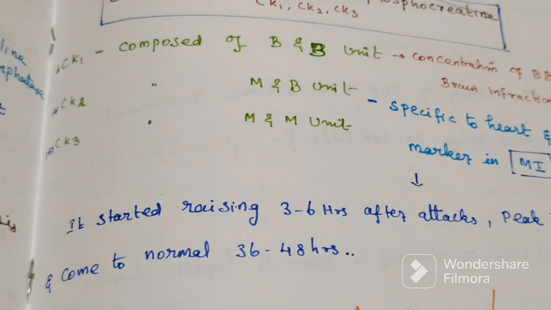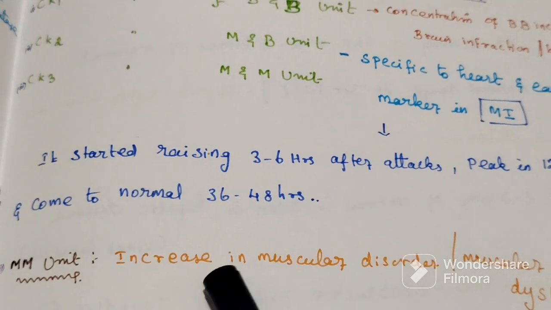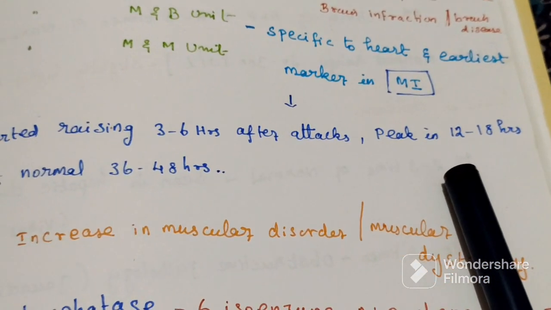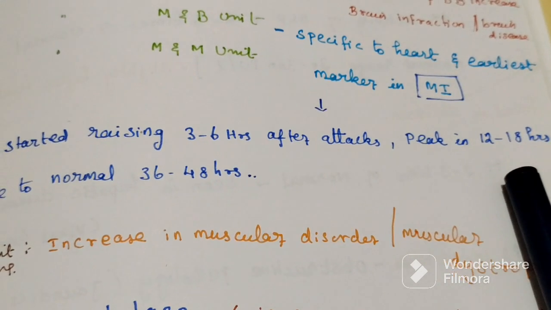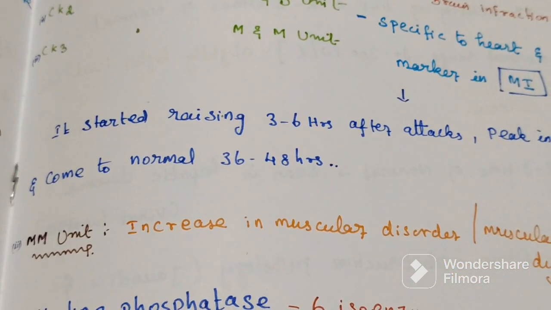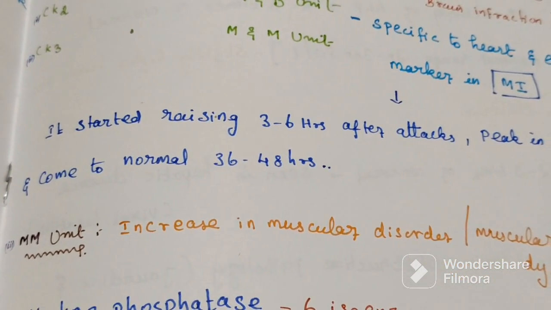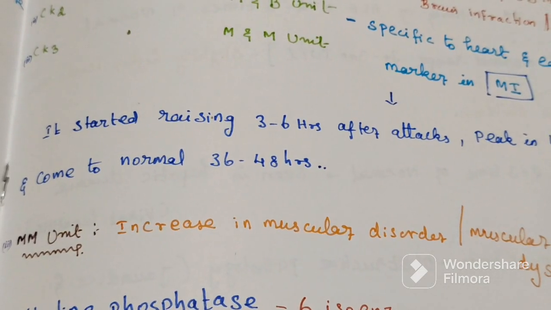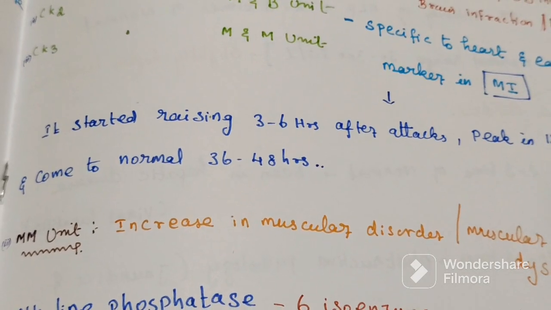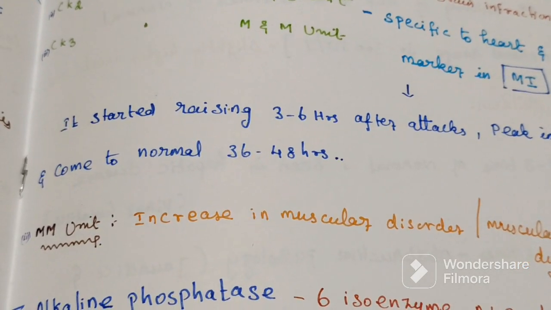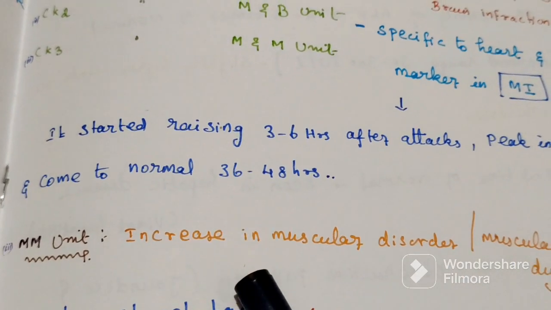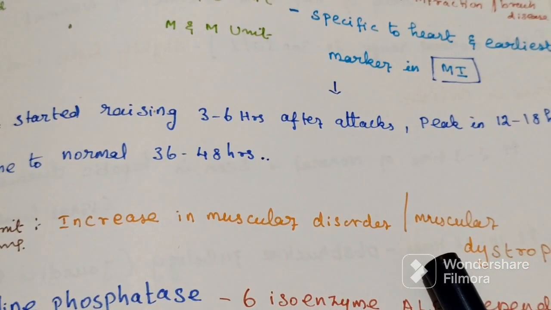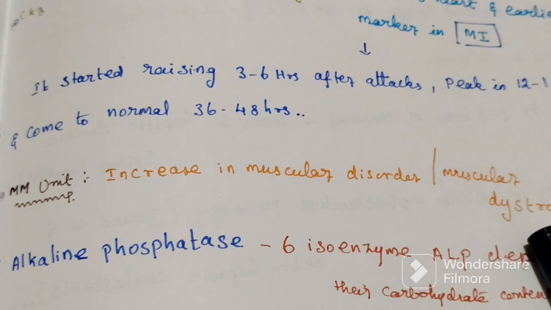It starts rising 3 to 6 hours after the attack, peaks at 12 to 18 hours, and comes to normal in 36 to 48 hours. So it is important in the diagnosis of myocardial infarction. MM increases in muscular disease or muscular dystrophy.